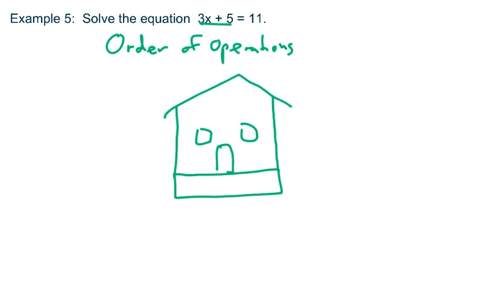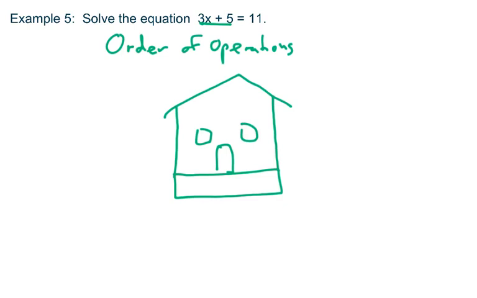But the basic bottom line is to build a house, you start with the foundation, you look at the operation closest to it and you do that first, and then you do the operation that's farther away or less important in the order of operations. If I wanted to tear down this house, would I take out the foundation first? Would I tear out the walls first?